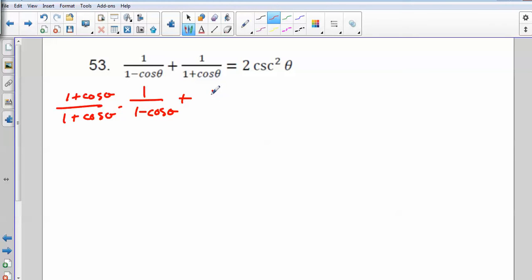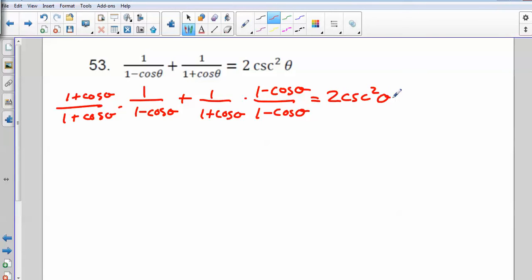Alright, bring down my second fraction. And this one is missing the 1 minus cosine theta. Okay, so in my numerator I have 1 plus cosine theta plus 1 minus cosine theta.